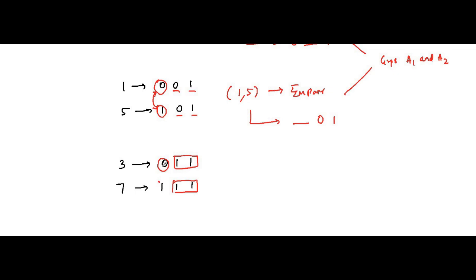Here it is differing, here it is 0, here it is 1. So yes, a minterm pair can be formed here, 3, 7. This is a minterm pair, and the expression of this minterm pair will be a blank space in the position where it differs, that is the MSB position, and we will keep the identical bits as they are: dash 1, 1.